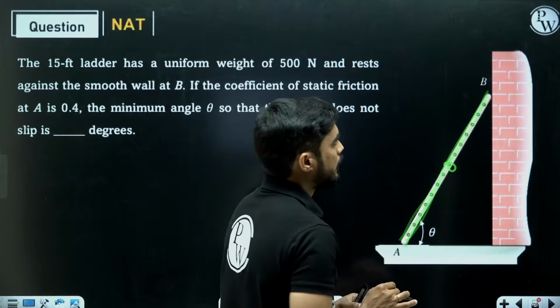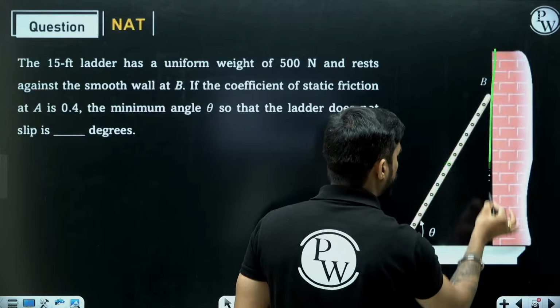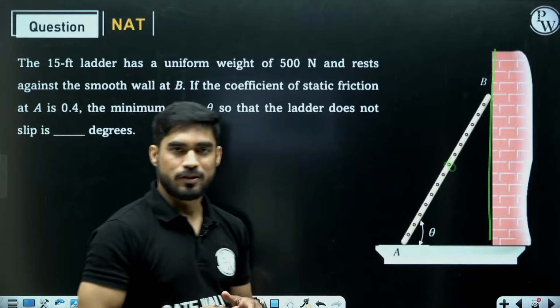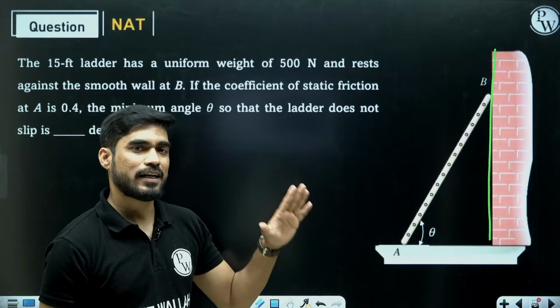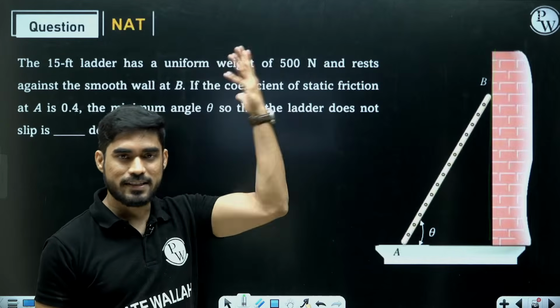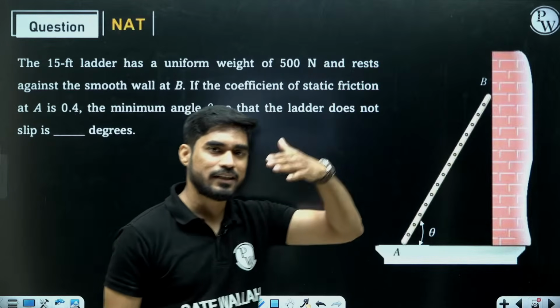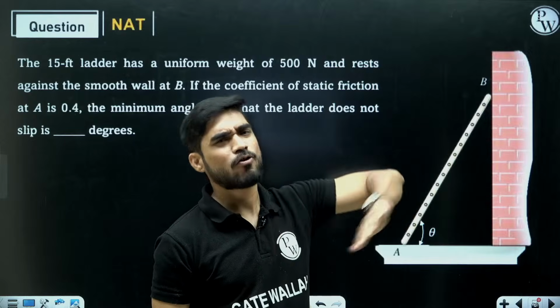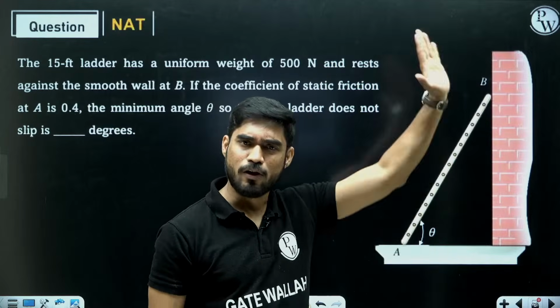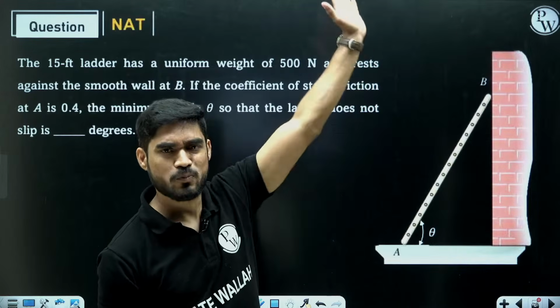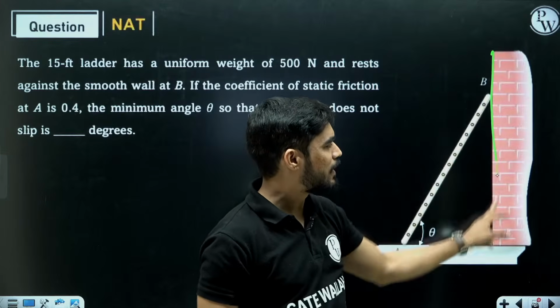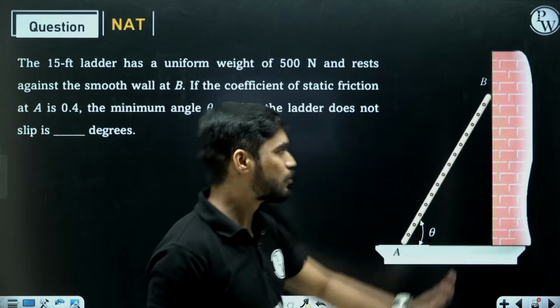It is resting against a smooth wall. So this ladder is in a very rich person's house who has done a very costly paint on the walls. So it is very smooth. So coefficient of friction on the wall is 0.